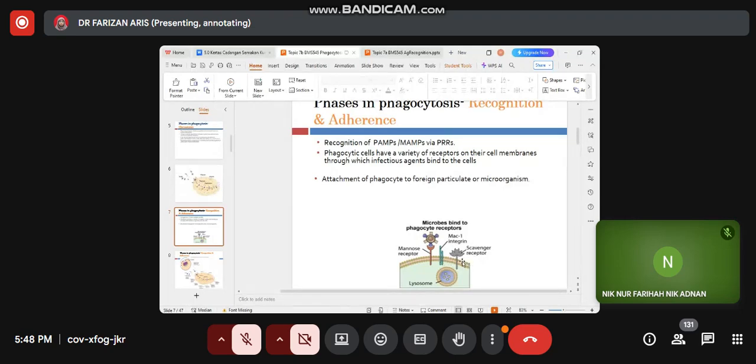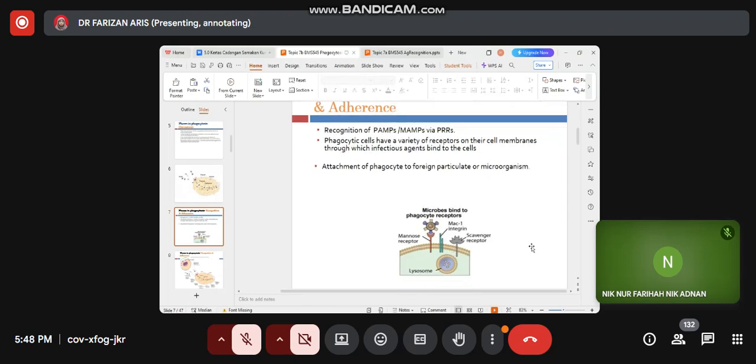These are the PRRs involved in the recognition and adherence. This receptor on the surface of the phagocytes will recognize a specific pattern on the surface of the pathogen, whether PAMPs or MAMPs. So these are the molecules involved in the process of recognition and adherence.